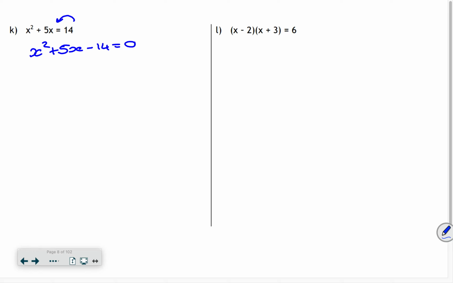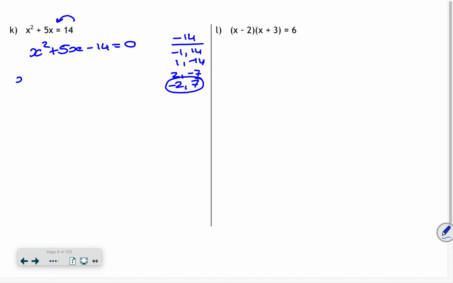So 1 times minus 14 is minus 14. So factors of that would be minus 1 and 14, 1 and minus 14, 2 and minus 7, minus 2 and 7. Now, don't worry, you don't have to go through all the factors. If you get the ones that work out, stop there and then go ahead and complete it. So the one that works is going to be minus 2 and 7.